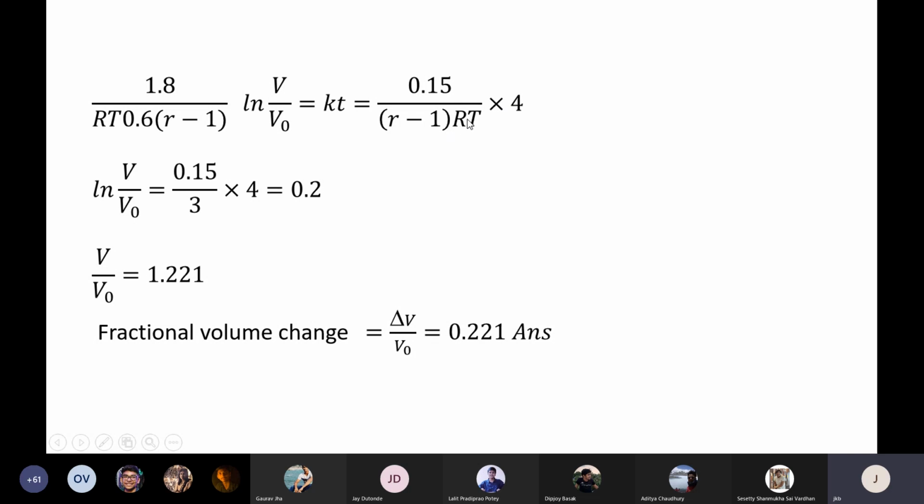You observe RT times small r minus 1 get cancelled from both sides, so only ln V by V naught is remaining. Ln V by V naught is 0.15 by 3 into 4, that is 0.2.